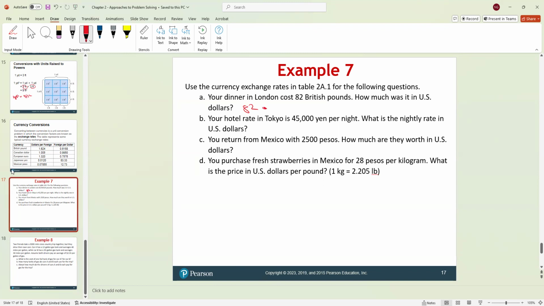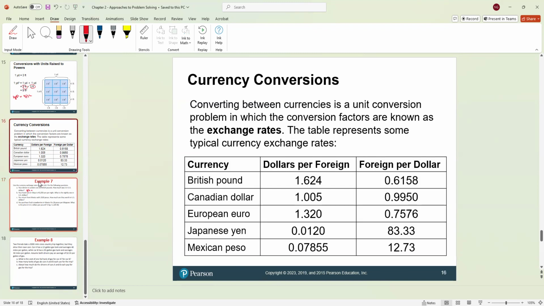So from the previous tables, that's an example, right? 1 pound is 1.62 US dollars, right? So all you need to do is multiply by 1.62, all right?